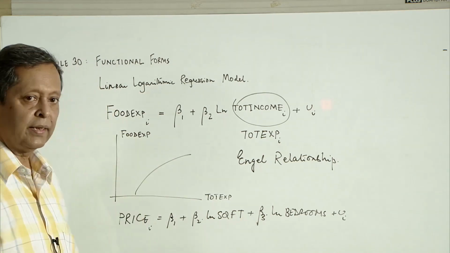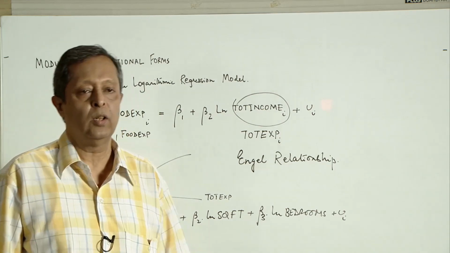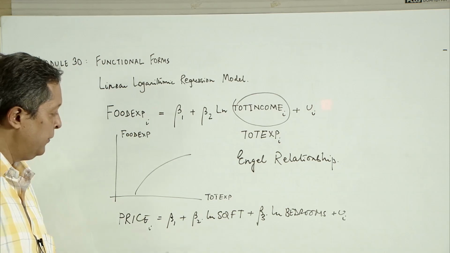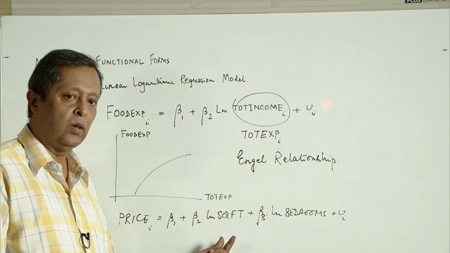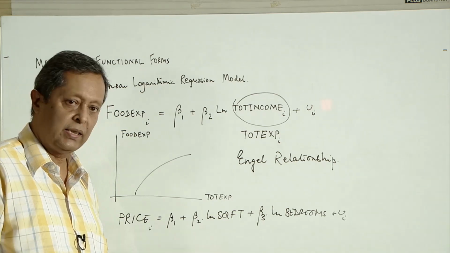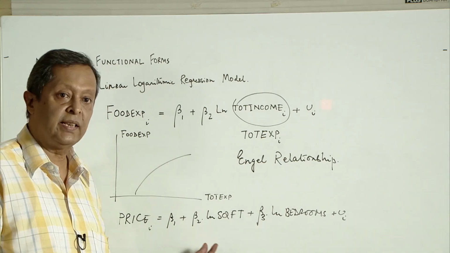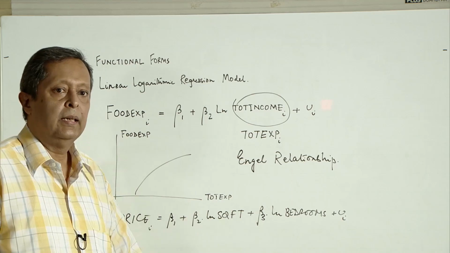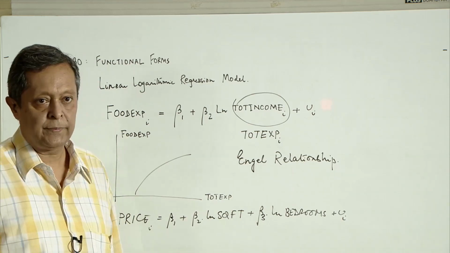So, that is another example of the linear logarithmic models, and we get the estimates, we find out the standard errors, we find out the t values, then we test whether the estimates are statistically significant, and we proceed to make future projections or predictions.